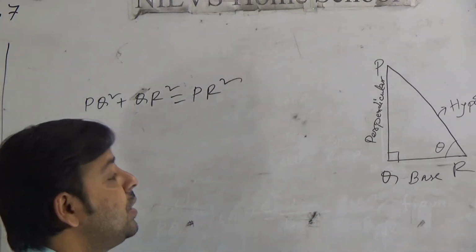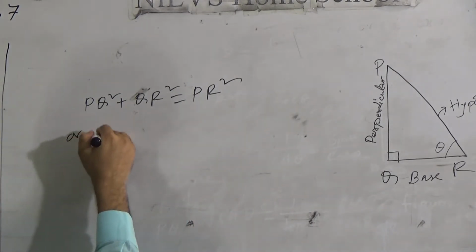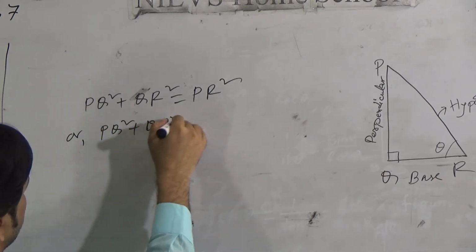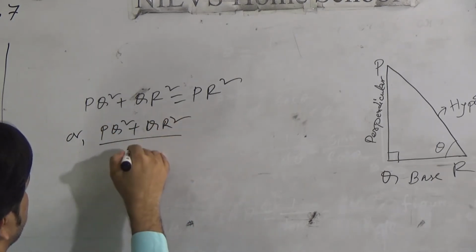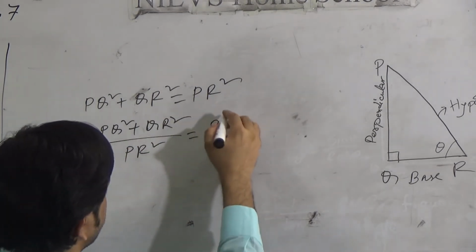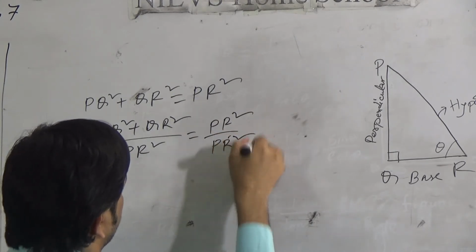Now if we divide this by PR square, what will we get? We will get PQ square plus QR square divided by PR square equal to PR square by PR square.